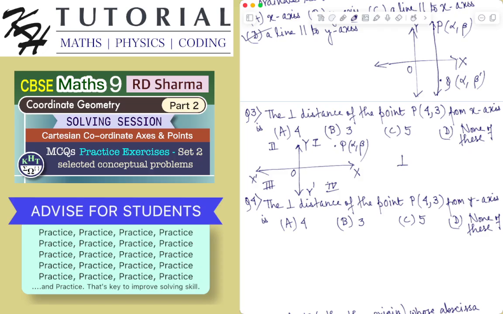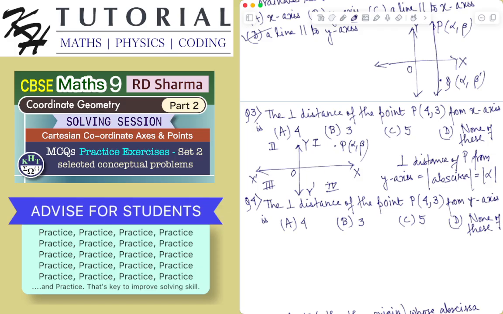So the perpendicular distance of P from the y-axis, this is the basic concept, is equal to modulus of abscissa, which in this case is modulus of alpha, where I have considered the coordinates of the point P to be alpha comma beta. This is the perpendicular distance of the point P from the y-axis, that is modulus of abscissa.